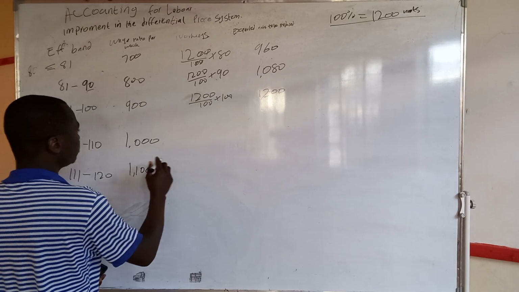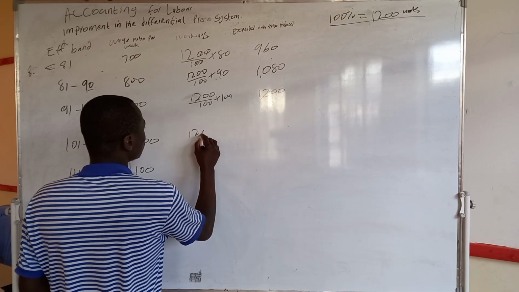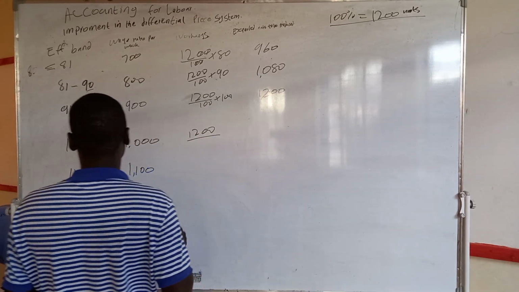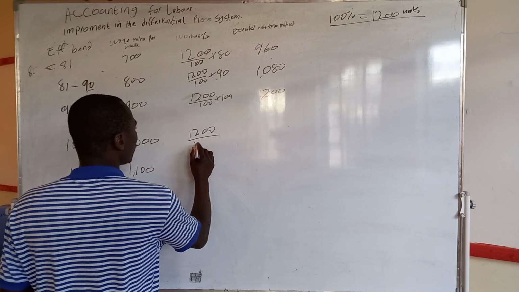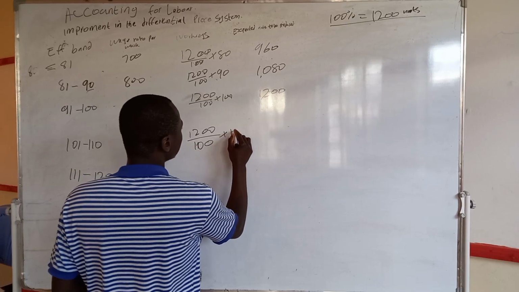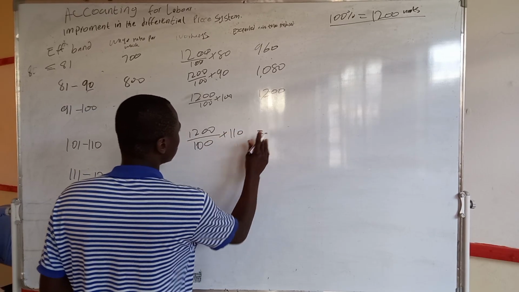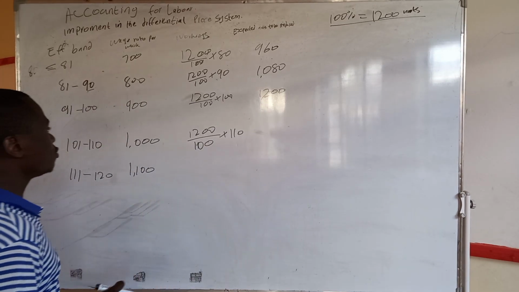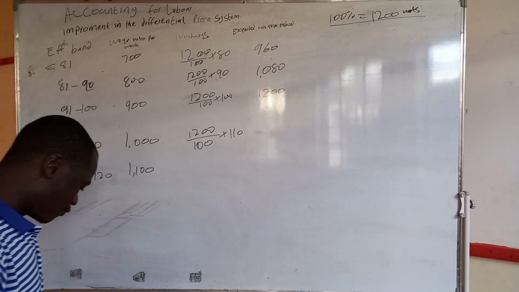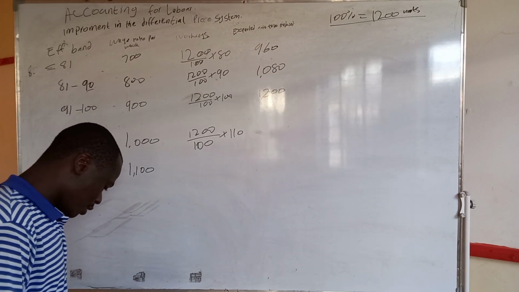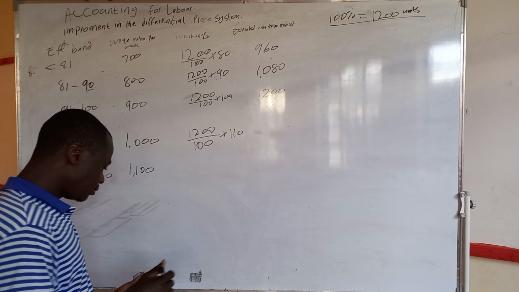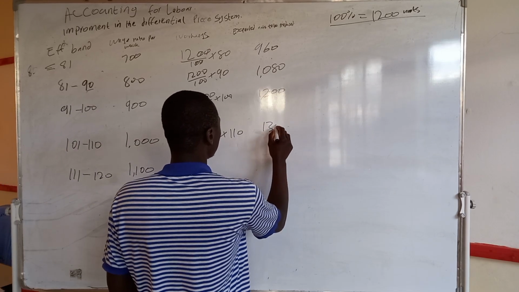Then we have 110: 1,200 divided by 100 times 110. This gives me 12 times 110, which is 1,320.